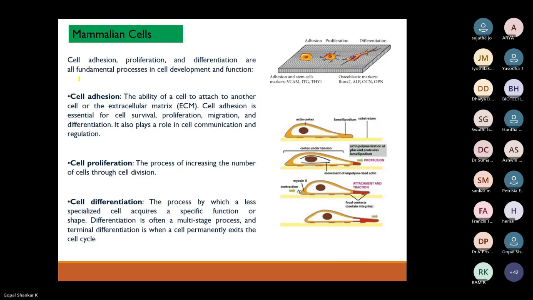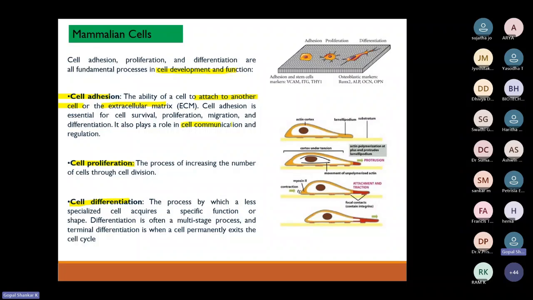So the different processes will be cell adhesion, proliferation, and differentiation. These are fundamental processes in cell development. Cell adhesion is basically the ability to attach to the ECM for cell survival, proliferation, migration, and differentiation.